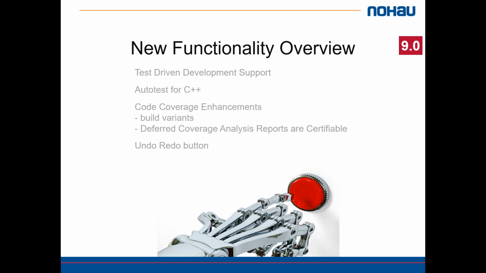It's added test-driven development, and that means that you can create a test harness from the header files you have. If you have the prototypes, you can create that. You have something called auto test, and there are some code coverage enhancements, and there's an undo redo button. A small thing, but it's a big improvement.